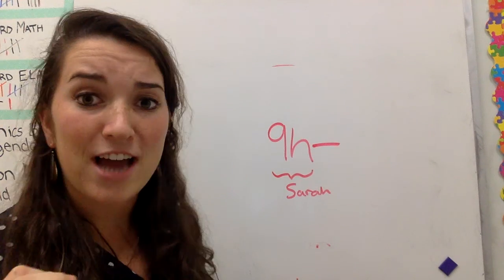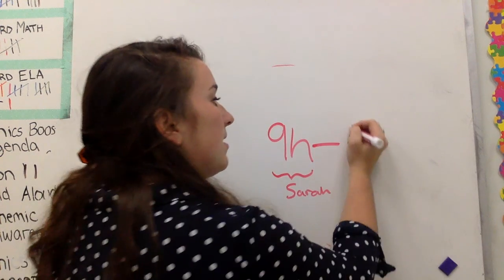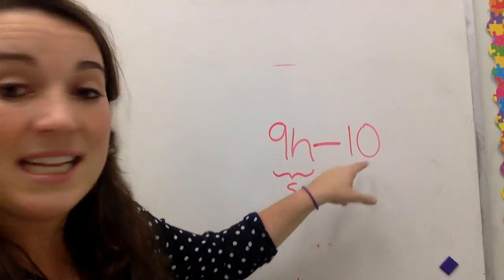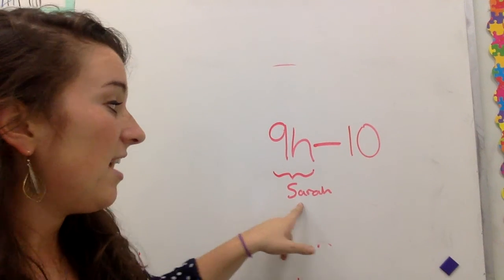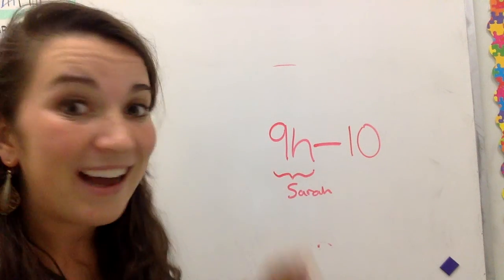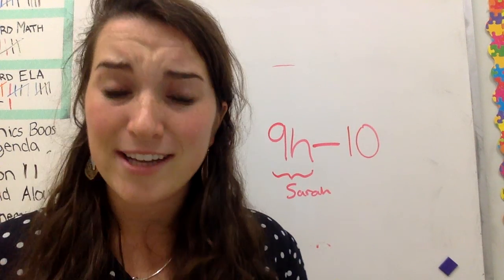So I'm going to put a subtraction sign right there, and then it's $10 less than, so I'm going to put a 10. So Jimmy made $10 less than Sarah, and Sarah made $9 per hour. Again, this is a lot easier than the expressions that we've been doing, so I definitely know you guys are capable of doing these.